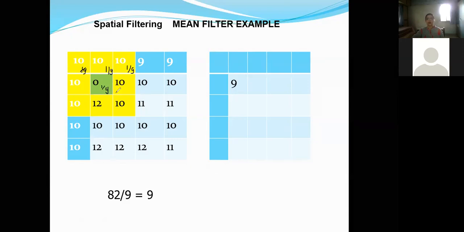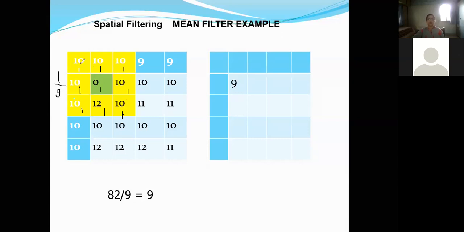Now instead of writing 1/9 everywhere, we can simply take that parameter 1/9 outside the mask, and have all these coefficients as 1, 1, 1, 1, 1, 1, 1, 1, 1, and outside the mask we can write 1/9, as this is a common factor between all coefficients.